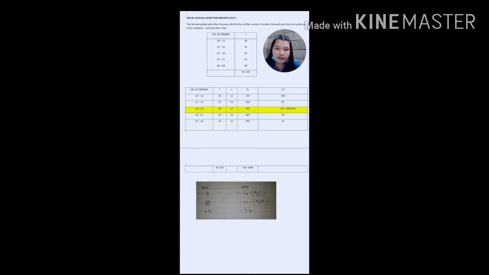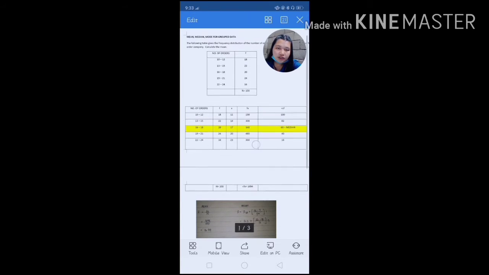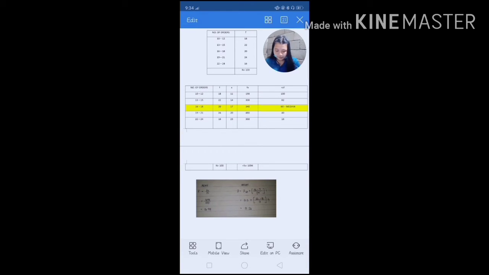So, for example, 16 plus 24 equals 40. 40 plus 20 equals 60. 60 plus 22 equals 82, and 82 plus 18 equals 100. So this is our less than cumulative frequency. Then locate n over 2 in the cumulative frequency to determine the median class.